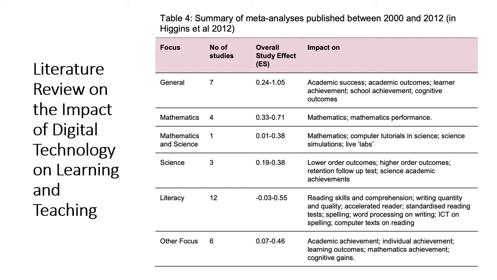From this table, we can summarize that there are a lot of studies that look into the impact of digital technology towards literacy, primarily on students' reading skills and comprehension, writing, accelerated reader, standardized reading tests, and so on. We can see that researchers are interested to know the impact of technology towards language or literacy skills among the students.